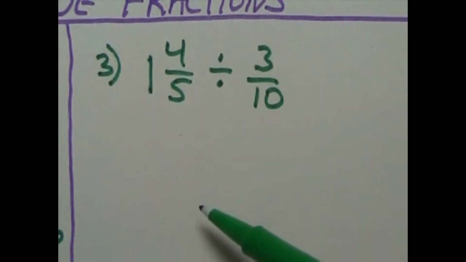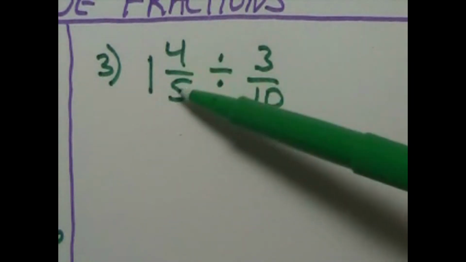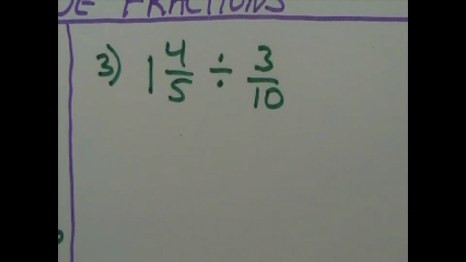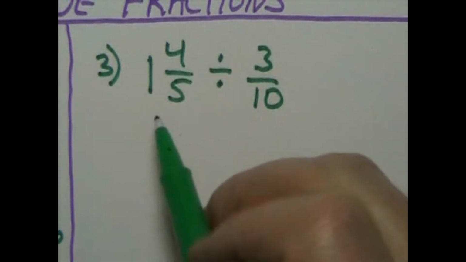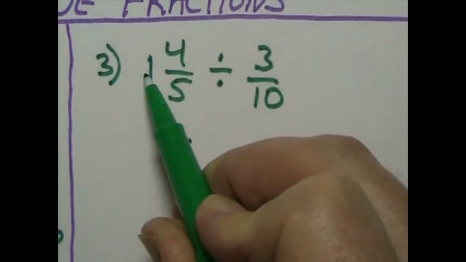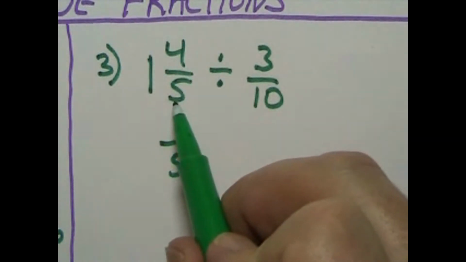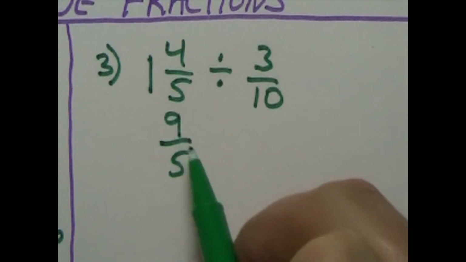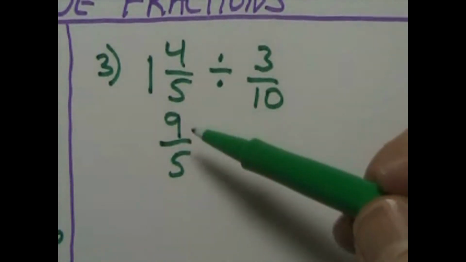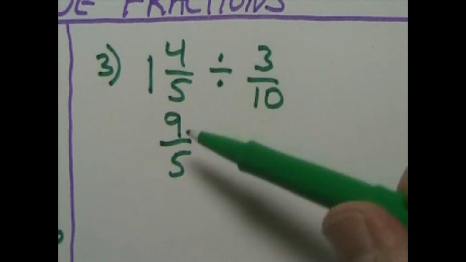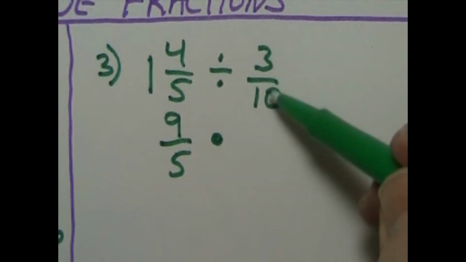Number 3, this time we have a mixed number divided by a fraction. So our first step is to change a mixed number to a fraction. So this is 5 times 1 plus 4. 5 times 1 is 5 plus 4 is 9. Okay, so that takes care of that. So now I freeze it, change it, and flip this.